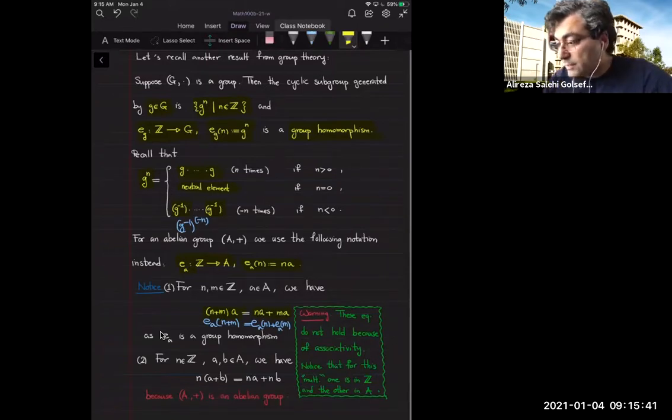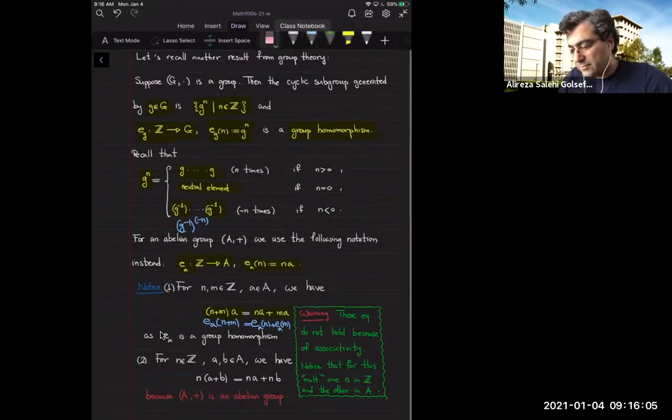So in group theory, again, you've seen that (ab) to power n is not necessarily the same as a to the n times b to the n. But it is the case when the group is abelian. So in general, this is not equal to a to the n times b to the n, but when it is abelian, this is the case.